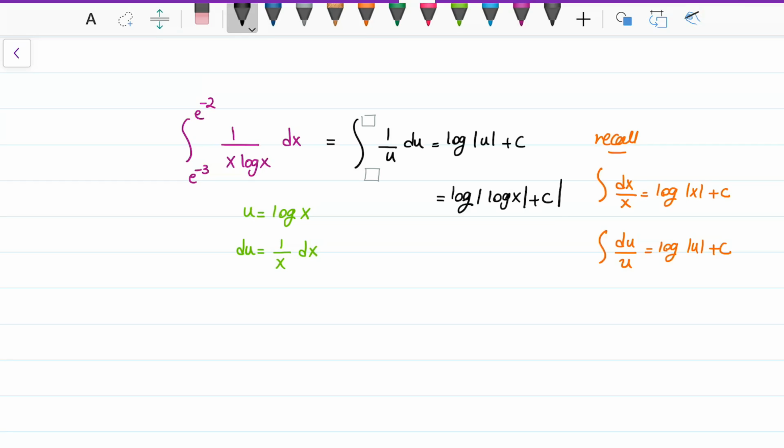Now I need to remember that I had two bounds in here. One is e to the negative 3, the other one is e to the negative 2. So let me write back everything.